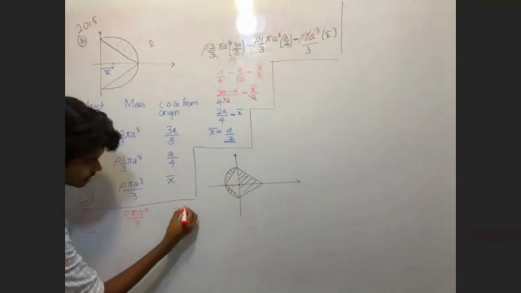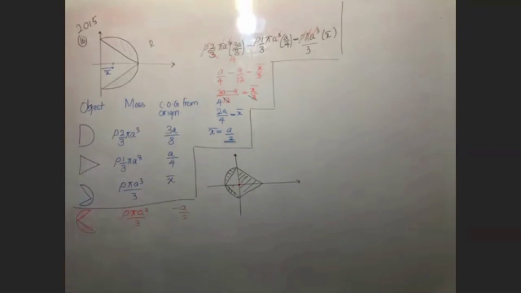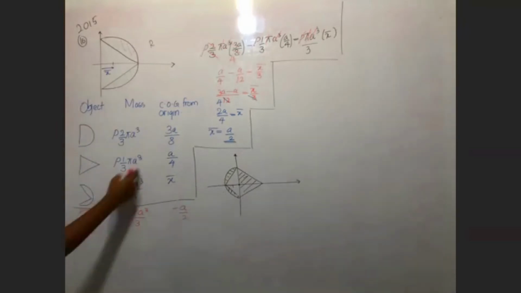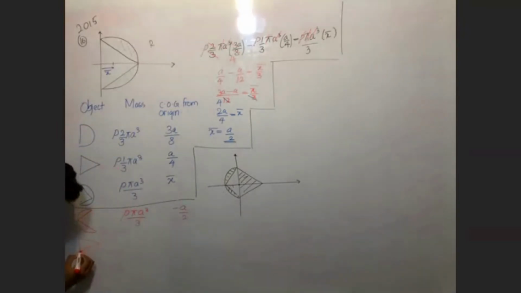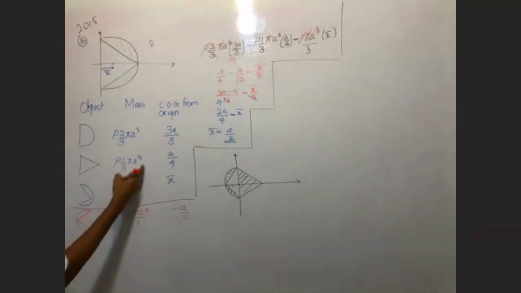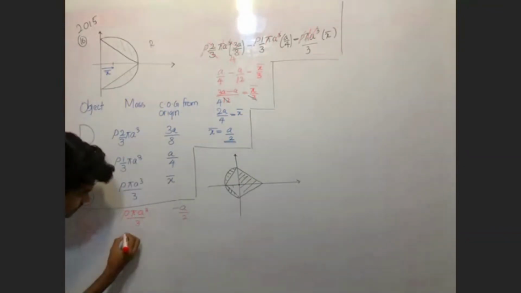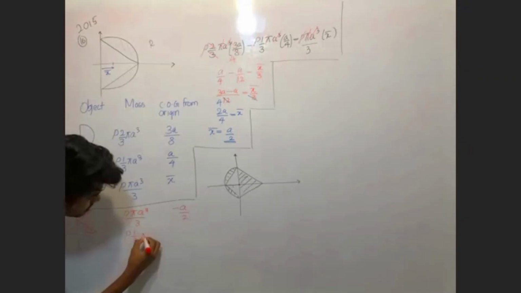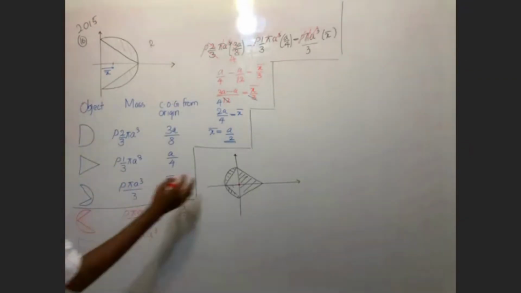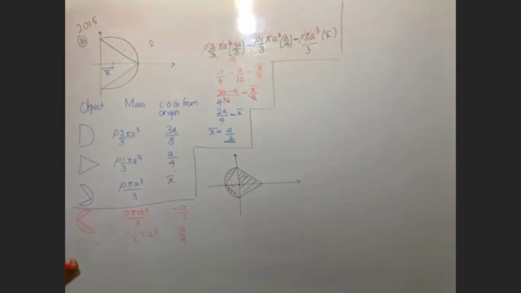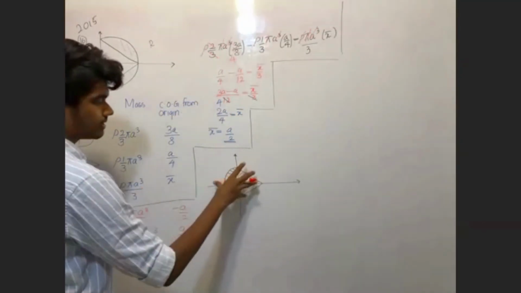So it's going to be minus a over 2. And this is a cone, exactly this cone. What is the mass? Mass is this. From the base, at what distance? a over 4. So what is the combined object?